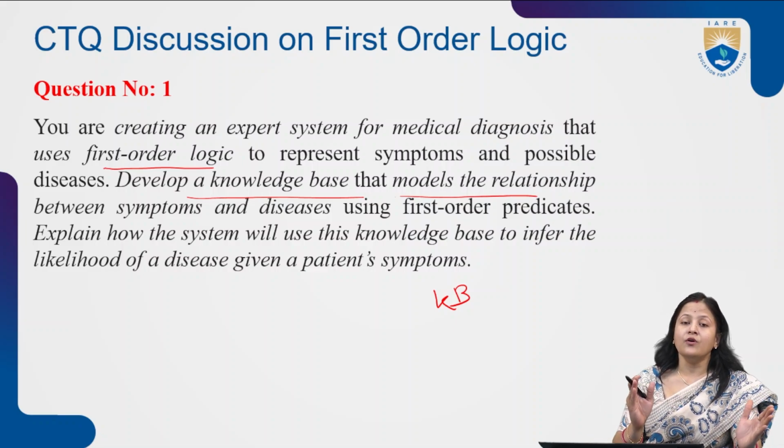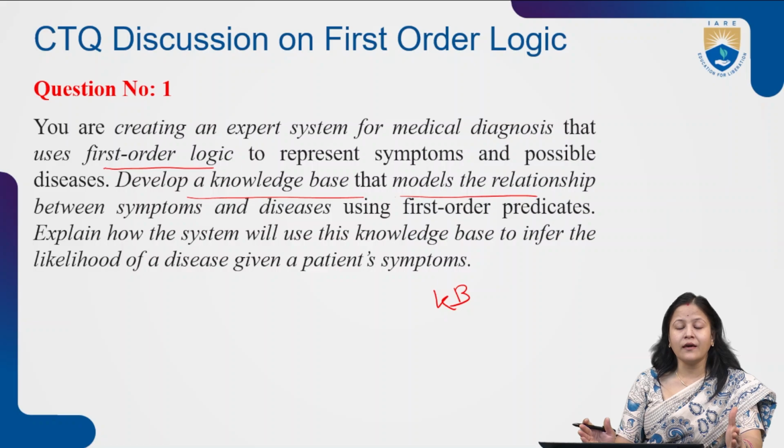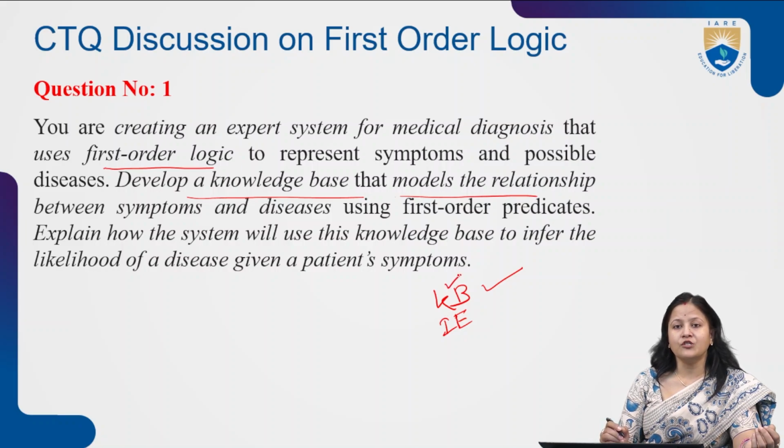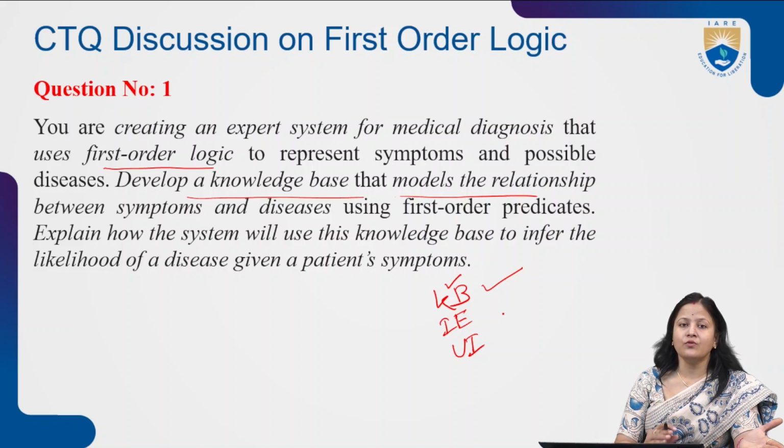If the expert system is related to healthcare, then we can gather the knowledge from renowned doctors and store it inside the knowledge base in the form of either first order logic or propositional logic, or in the form of semantic network, or in the form of frame. Another component is the inference engine, which can infer the output based upon the knowledge stored inside the knowledge base. Another one is the user interface through which the user can interact with the expert system.